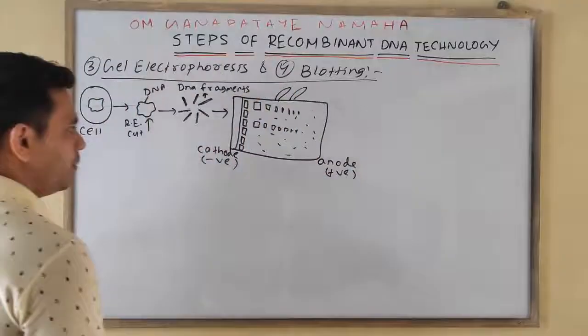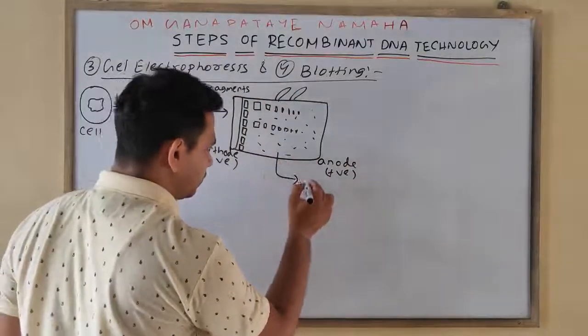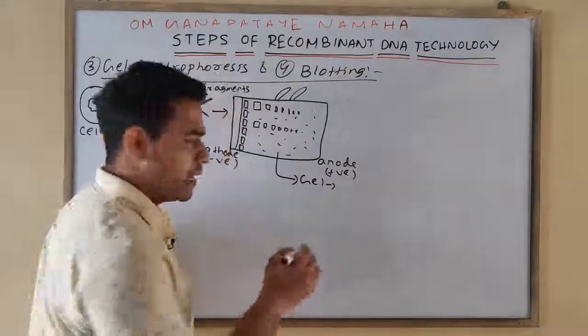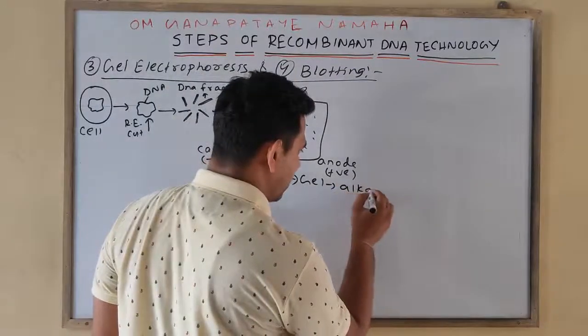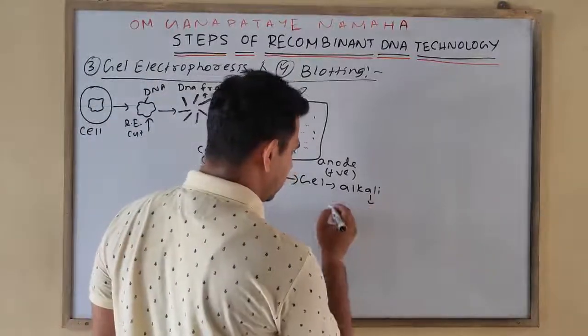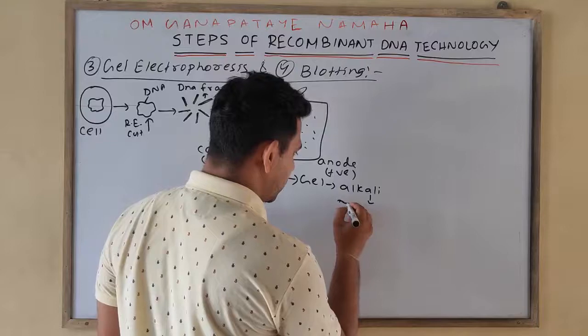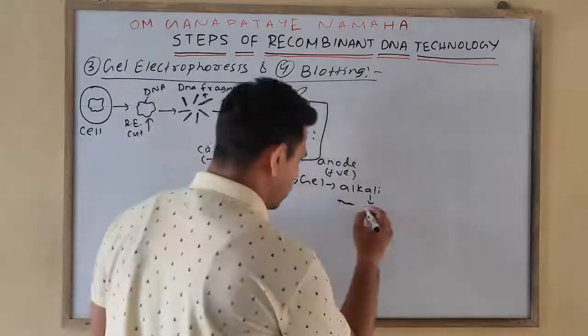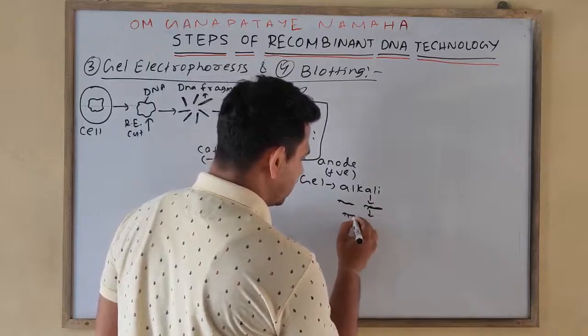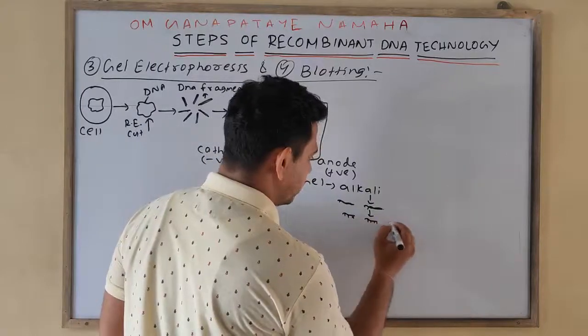In this step, in the gel we will apply alkali, so that it will make the double stranded DNA into single stranded DNA.